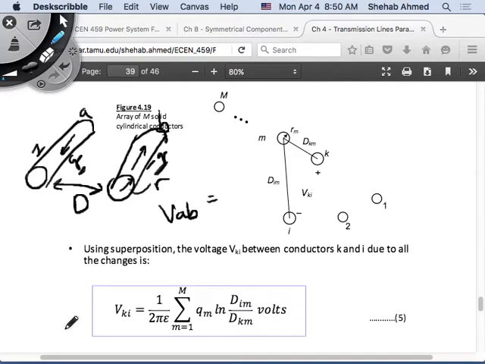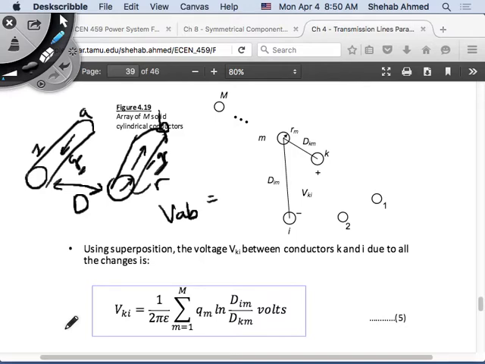Do we know the charge? Yeah. One is Q, one is minus Q, because it's a single phase circuit. Current goes in one direction, back in the other direction. How many charges are there?